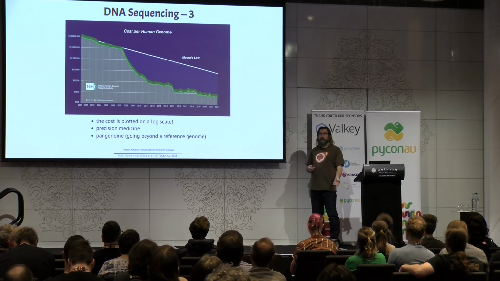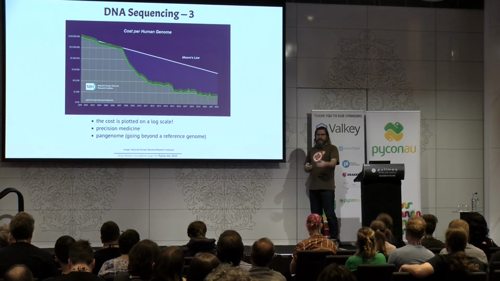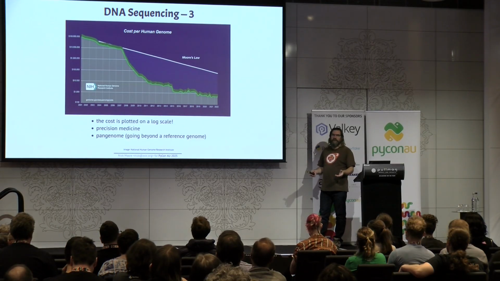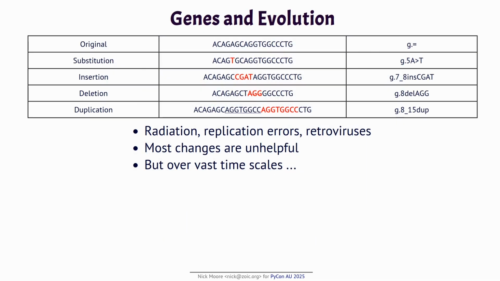And so these pangenome projects are rolling out to look at thousands of people, tens of thousands, hundreds of thousands of people across the world's population, and to build up a picture of what all of that combined might be, all right?